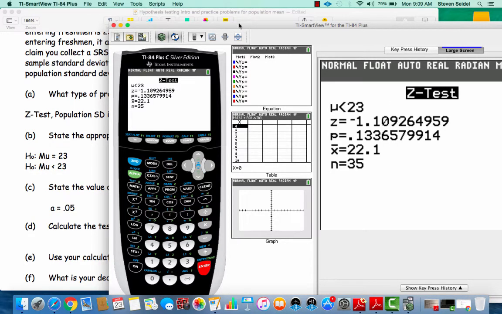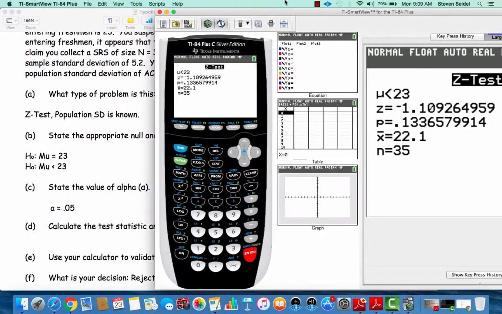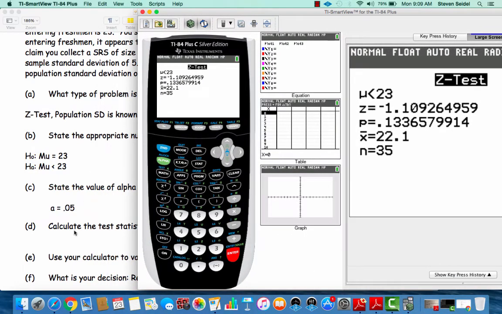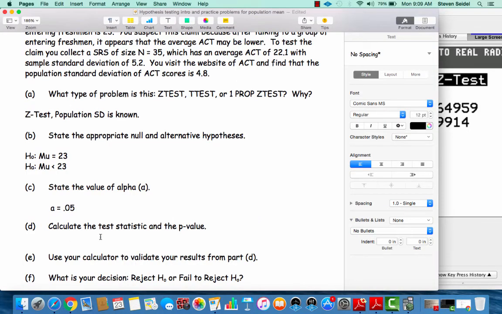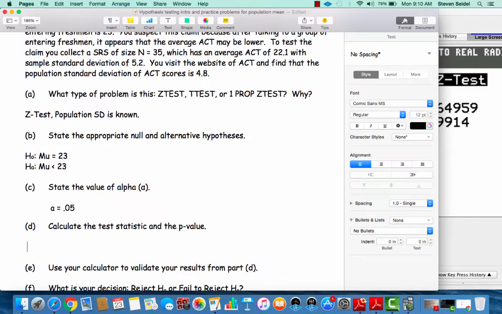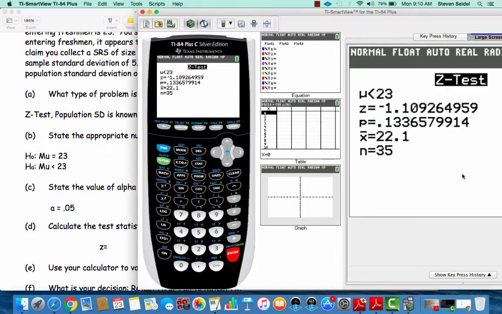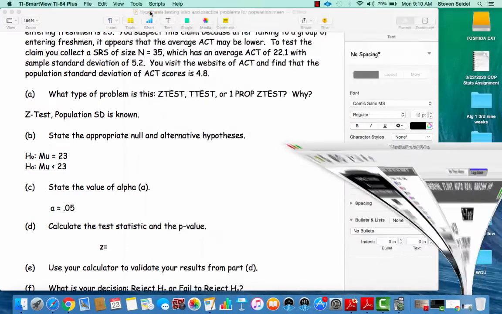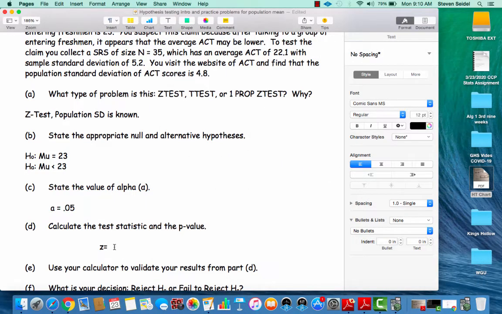Those numbers look familiar. I think we did that in a previous video. So our Z test statistic, I'm going to write that right underneath here, is negative 1.109.